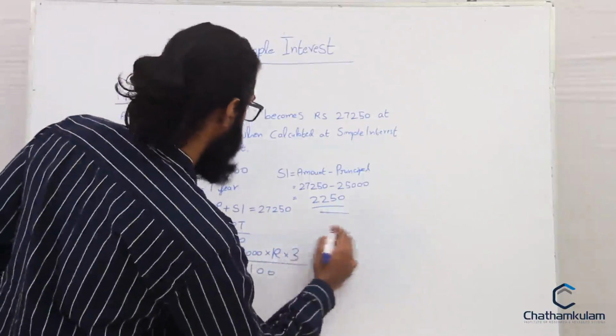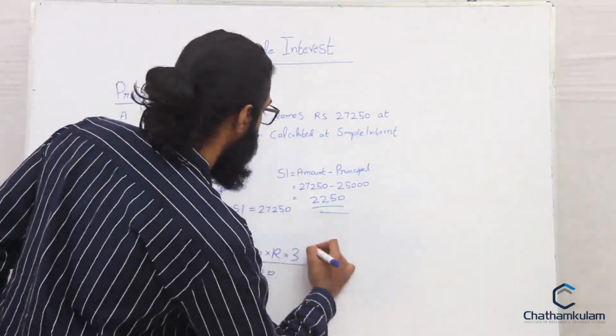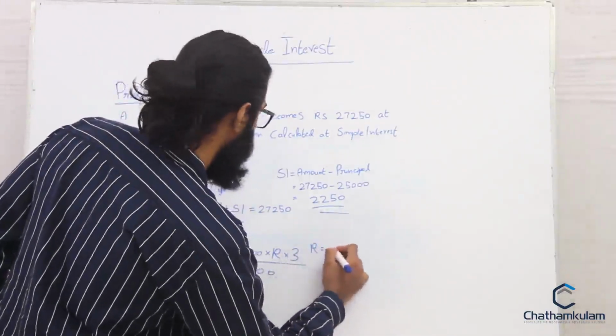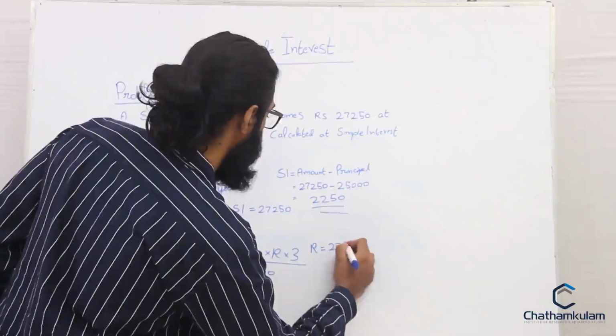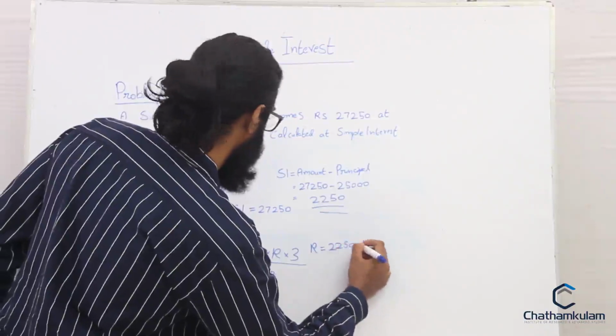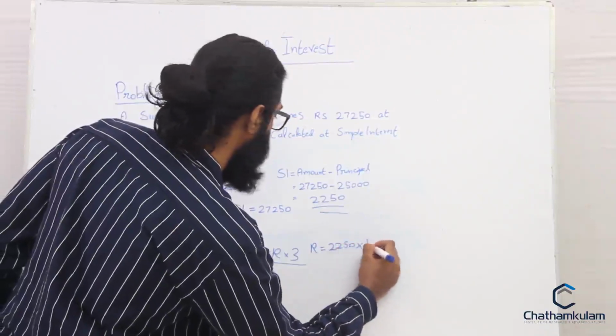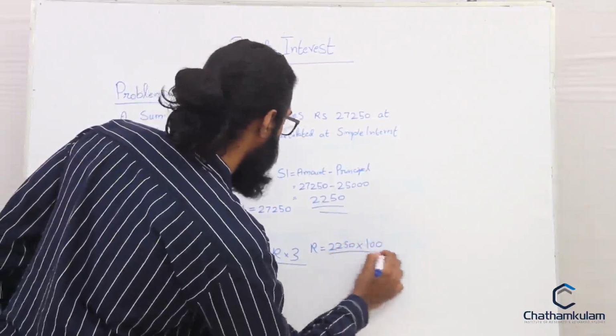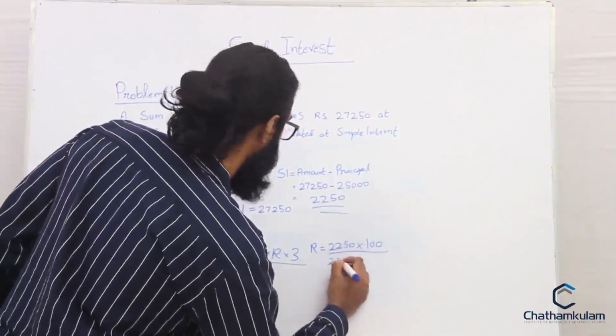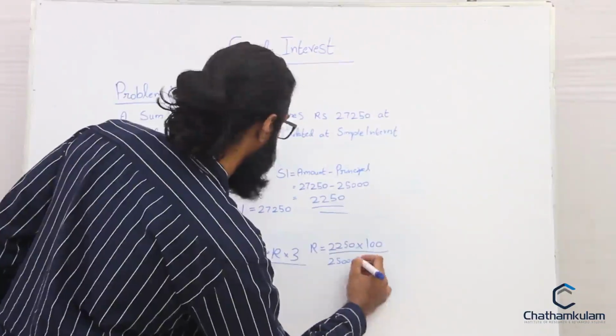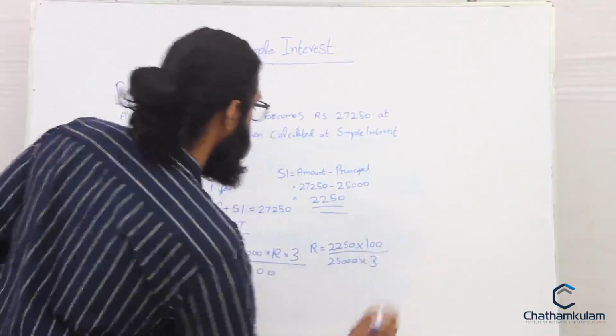So we can calculate R equals 2,250 into 100 divided by 25,000 into 3.